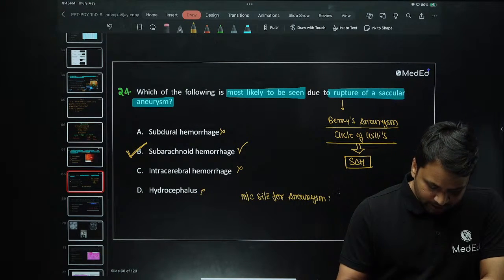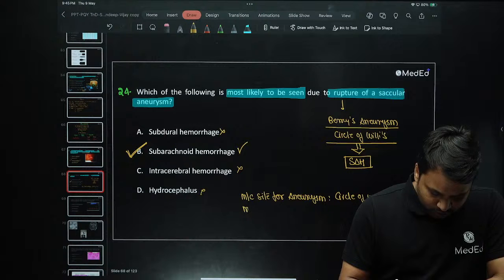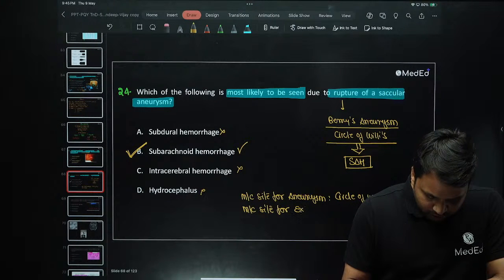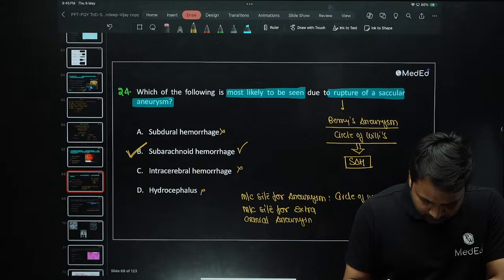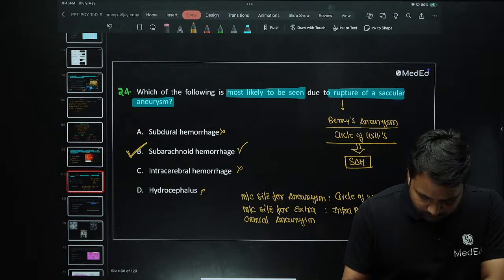If I say the most common site for extracranial aneurysm, here the answer is going to be infrarenal abdominal aorta.